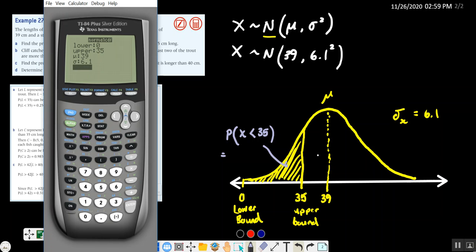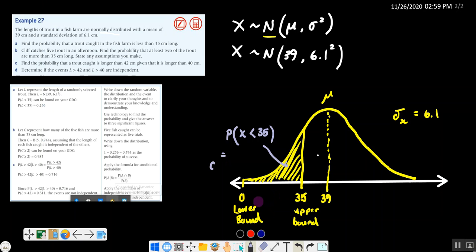We paste, press enter, press enter again in my case, I get 0.255996, or to 3 significant figures it is 0.256, which is what they've got in their answer. That's why I was saying I checked and we're kind of happy.